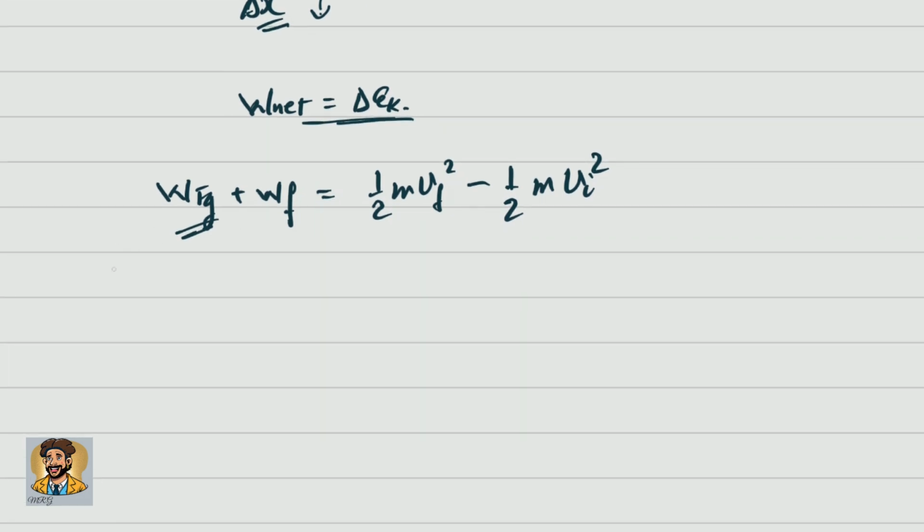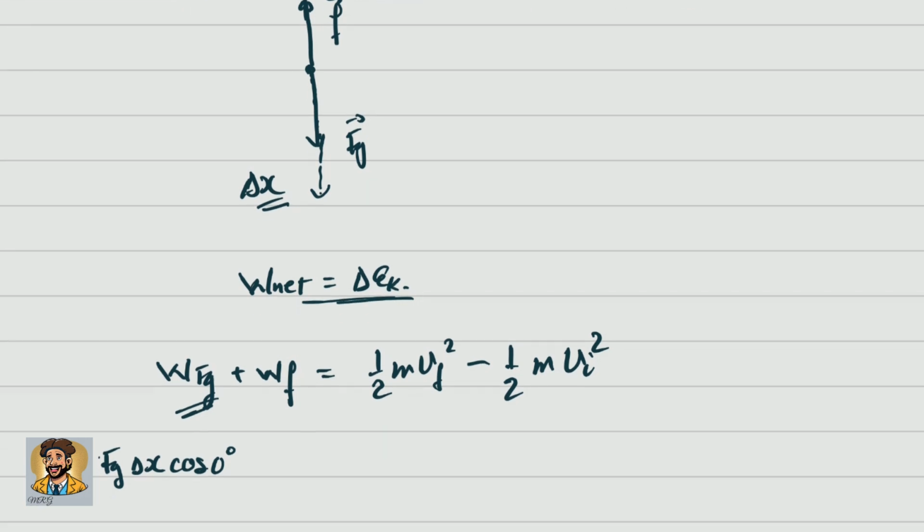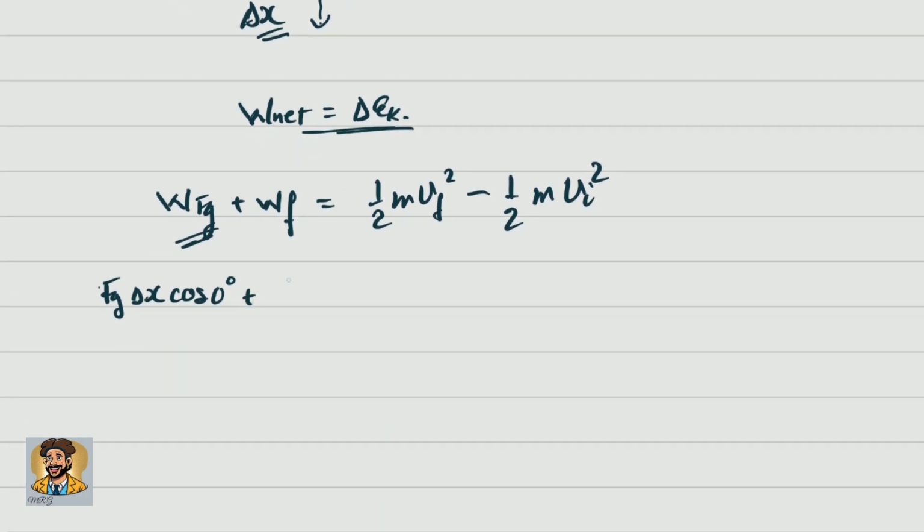So we can substitute the formula here. Work done by gravitational force is equal to the gravitational force multiplied by the displacement multiplied by the cosine of 0 degrees. Remember, the free body diagram is for you to see the angles here. Plus work done by friction is equal to friction multiplied by the displacement multiplied by the cosine of 180 degrees.